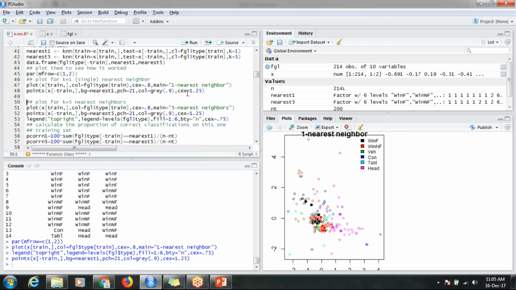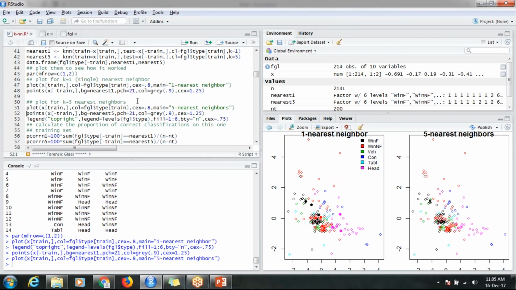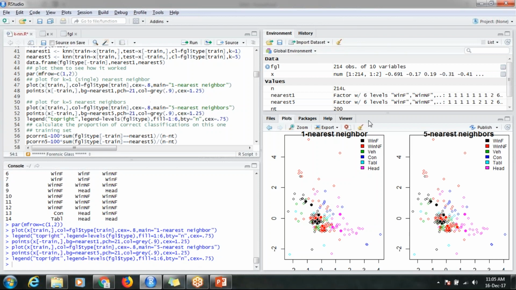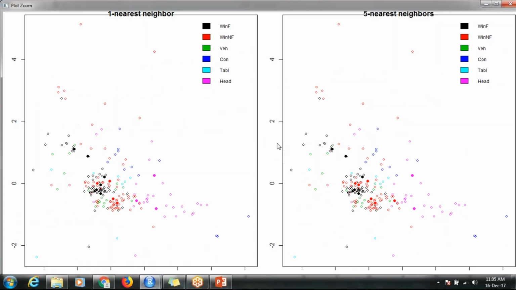Now I am considering 5 nearest neighbors, and let us see how it goes. If I zoom in and see, there is a bit of change in the classification.